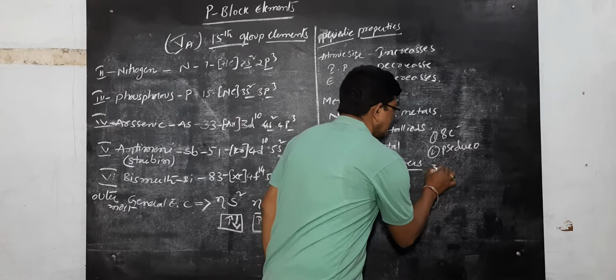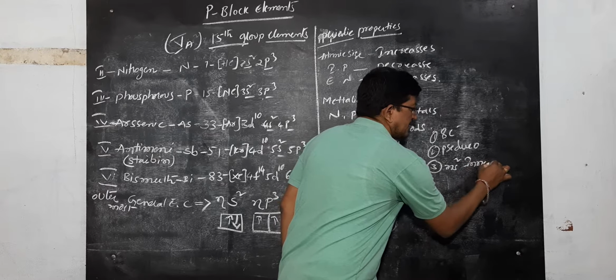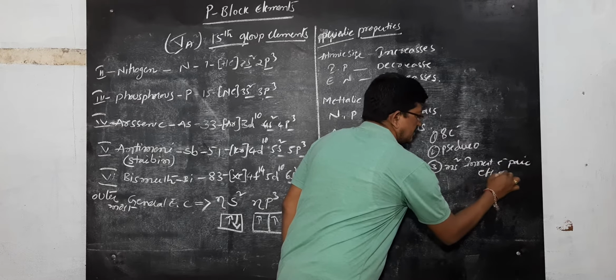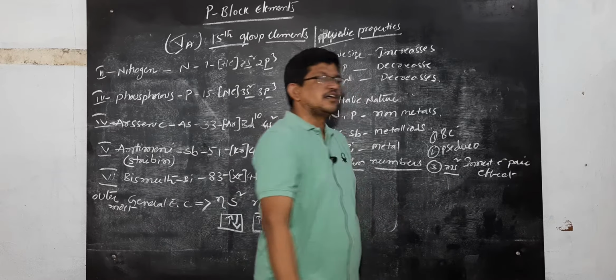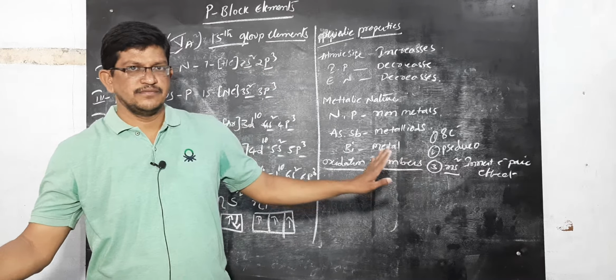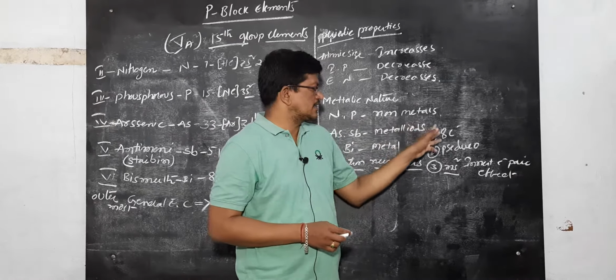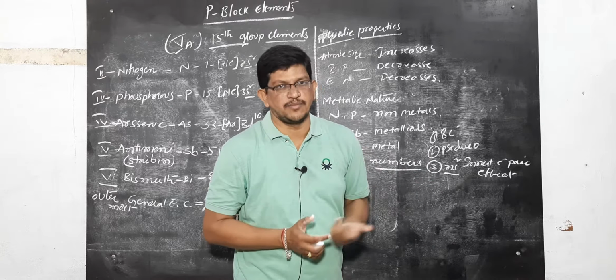Third is the inert electron pair effect, which means the outermost Ns2 electrons do not participate in chemical reactions. They have stability. So according to these 3 rules, any atom tries to get stability.